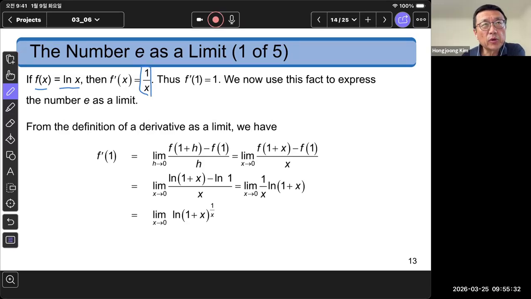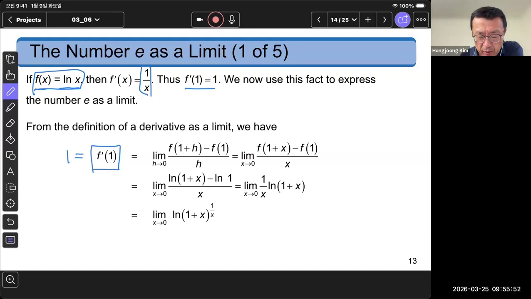So if I evaluate this f prime at 1, then f prime of 1 will be 1. That's what we learned, right?